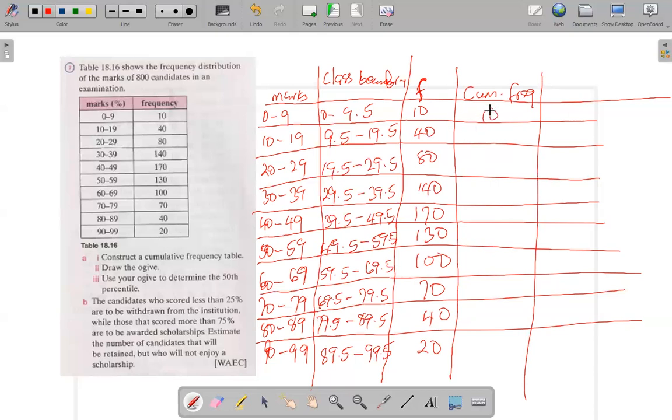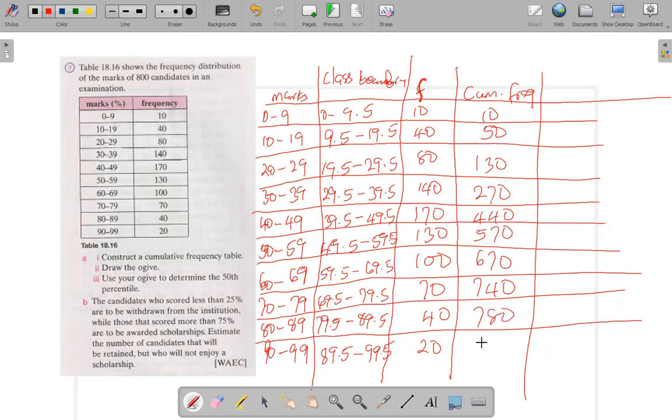And 40 plus 10 is 50. 50 plus 80 is 130. 130 plus 140 is 270. 270 plus 170 is 440. 440 plus 130 is 570. 570 plus 100 is 670. 670 plus 70 is 740. 740 plus 40 is 780.